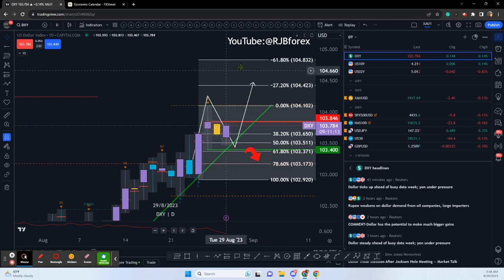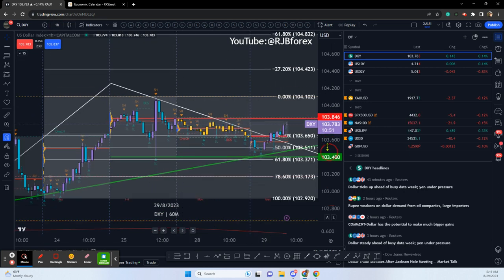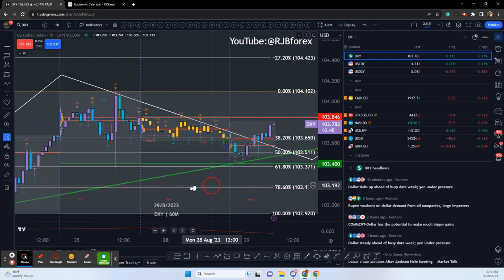Right now, the line in the sand is down here at 103.40. That was the low in conjunction with that high. So we've lightly come down, hit stops, and we're triggering an upside move on the back of that in the US dollar. You can see that more clearly on the hourly chart.